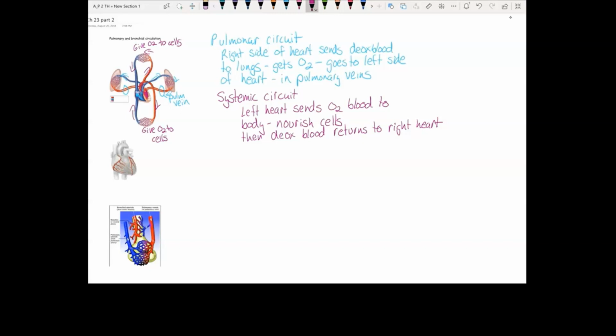Now, also remember from chapter 19, we talked about coronary circulation. So here is that picture of those coronary arteries. Okay, remember these? They branch from the aorta and they take oxygenated blood to the heart.